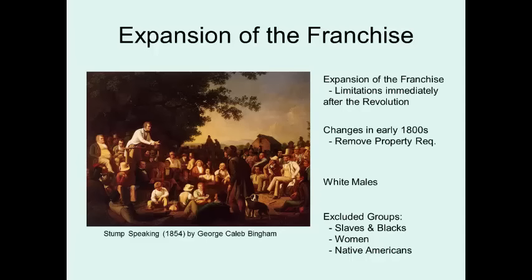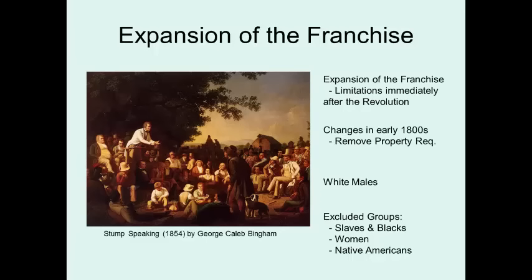But while this expansion of the franchise and this expansion of prosperity sounds good, remember that there are still plenty of people left out of this. There are still plenty of people that are denied the franchise, that are denied prosperity. One big group, of course, are African Americans. And remember, when we're talking about African Americans, there's two different groups.